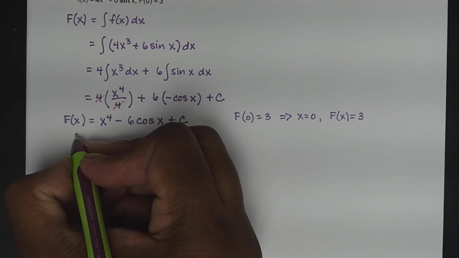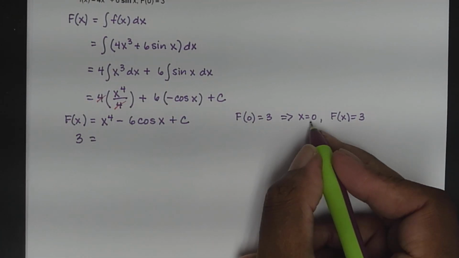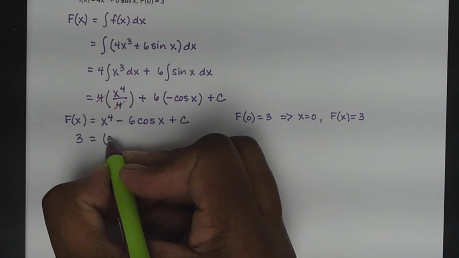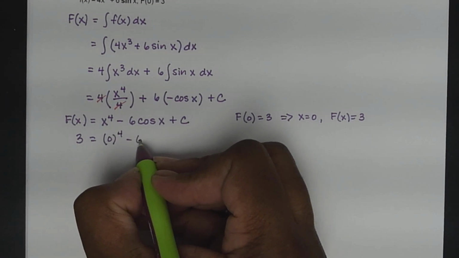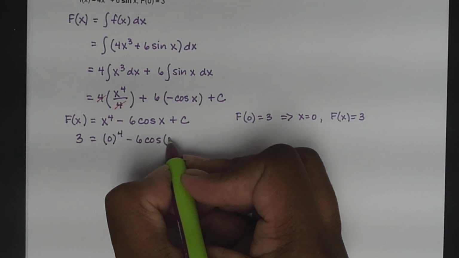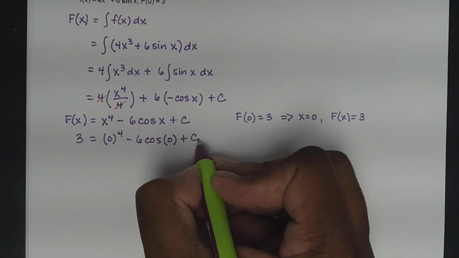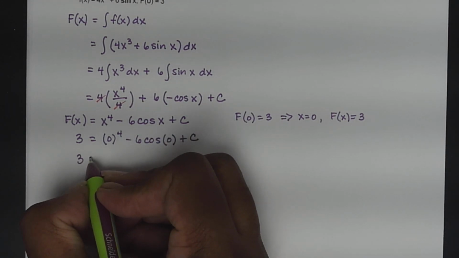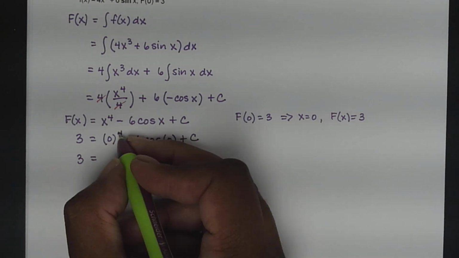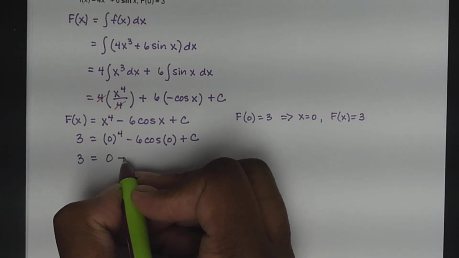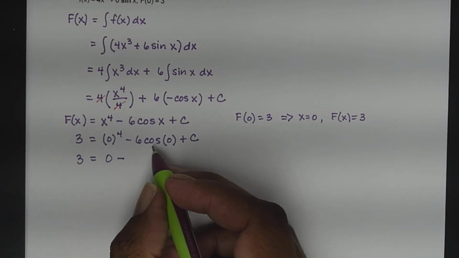So my F of x at 3 is equal to, substitute your x with 0, so it'll be 0 to the 4th minus 6 times the cosine of 0 plus c. So now we got 3 is equal to 0 to the 4th is 0 minus 6 times cosine of 0.